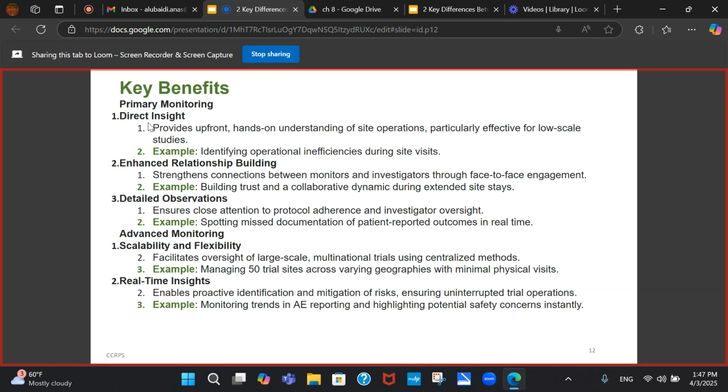An easy, simple example to reflect on direct insight. Enhanced relationship building strengthens connections between monitors and investigators through face-to-face engagement.